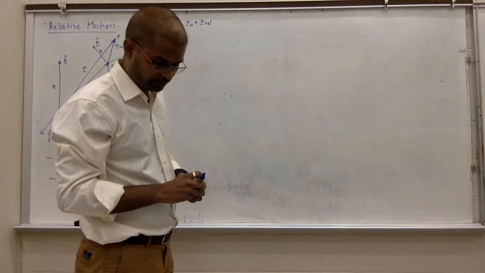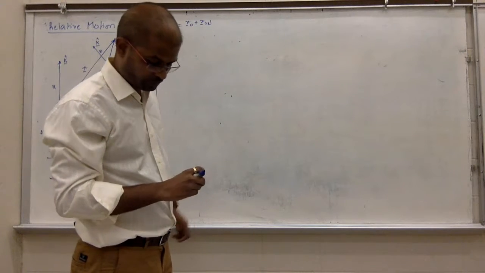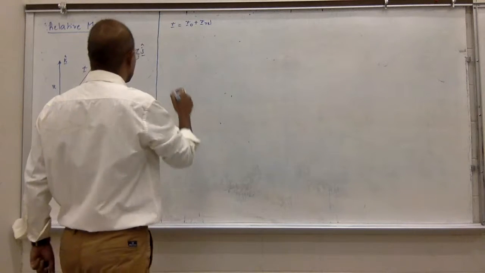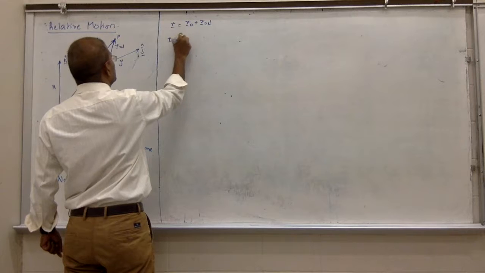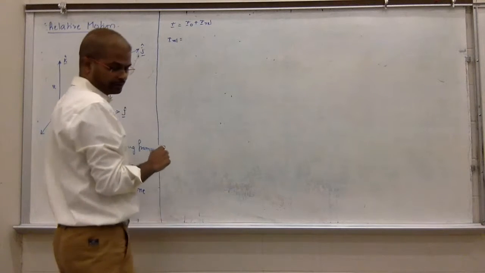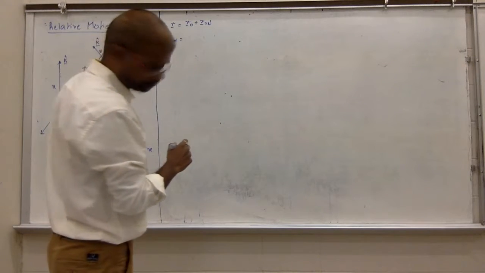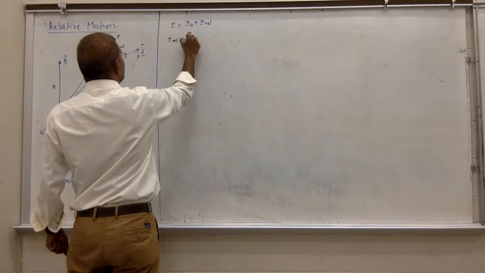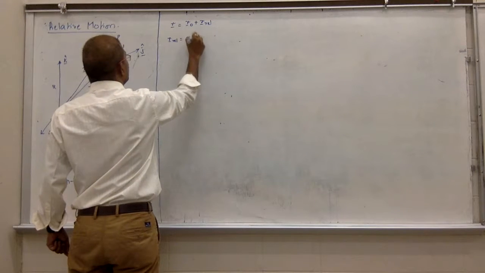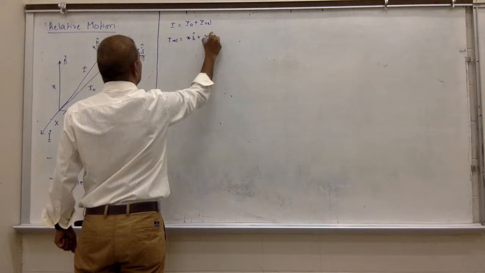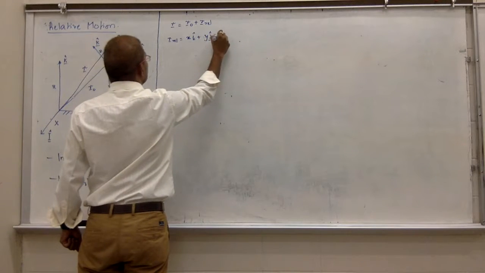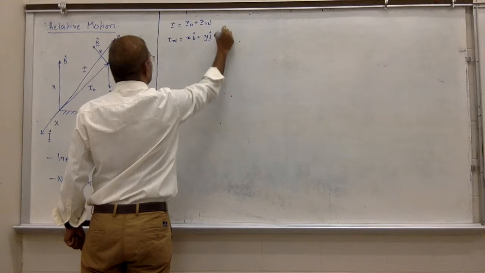Now, R relative, think about how you express R relative. R relative is, you can say, small x i plus y j plus z k.